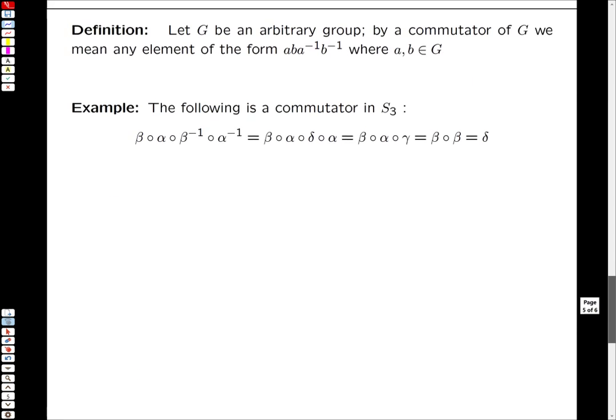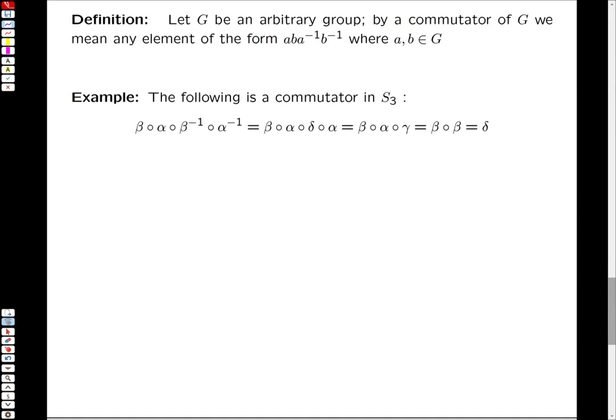Now, a definition. Let G be an arbitrary group. By a commutator of G, we mean an element of the form ab a inverse b inverse, where a and b are in G. This is a definition of a commutator. This is not the elements a and b.